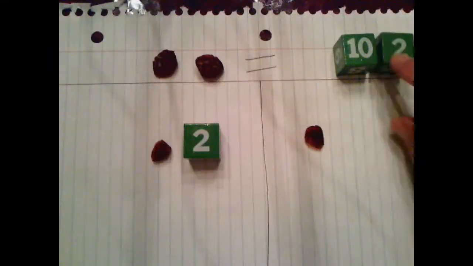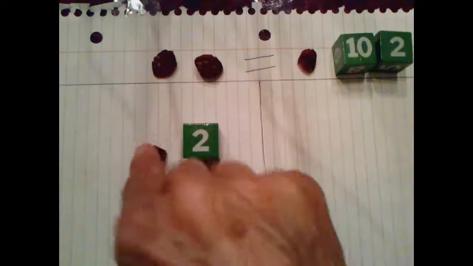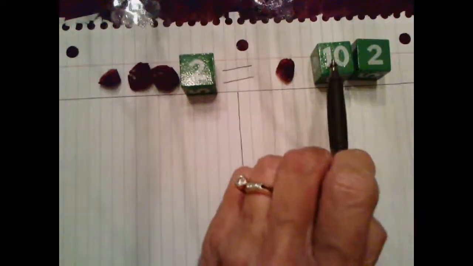To do my check, I have to move everything back up, and then I have to see how much I have. Well, over here I have 12 plus 5, that's 17. These are each 5. 5, 10, 15, plus 2 is 17. So my check for this one is 17 equals 17.